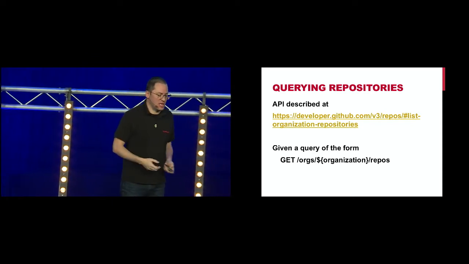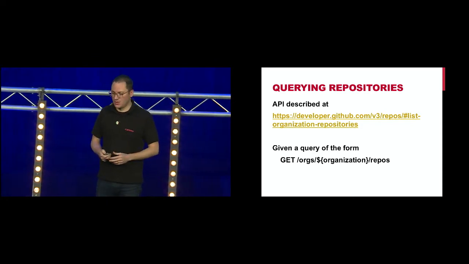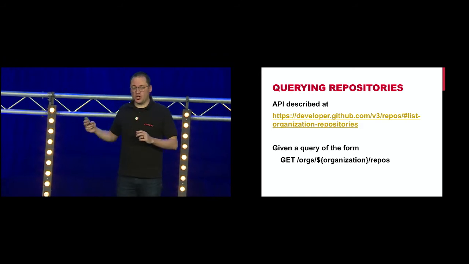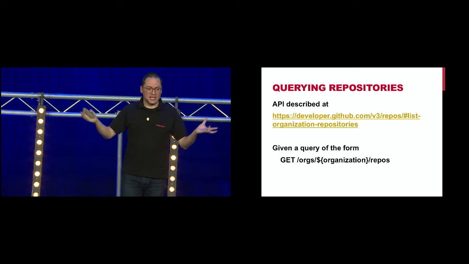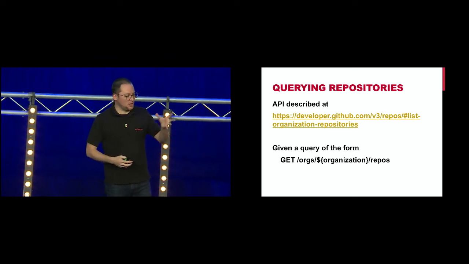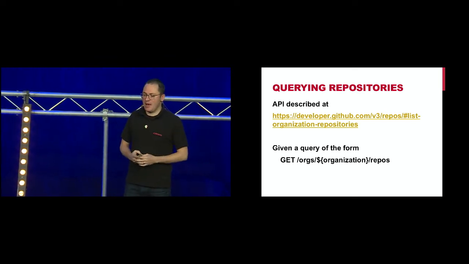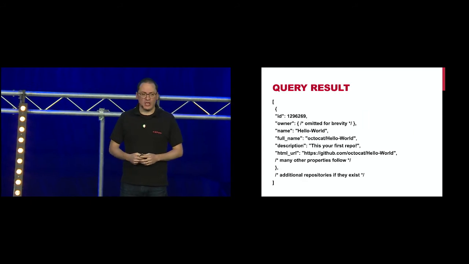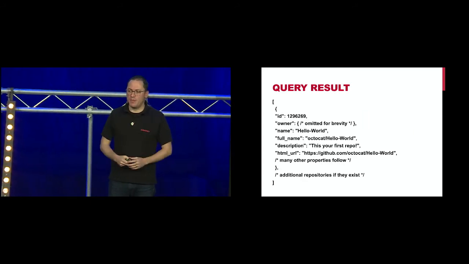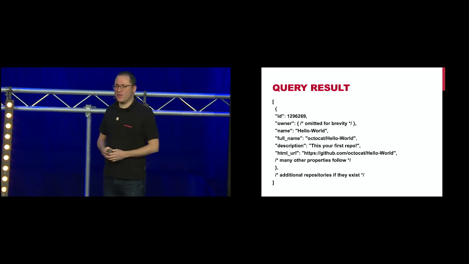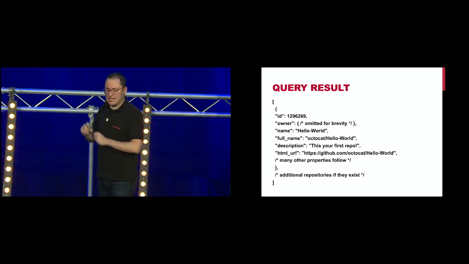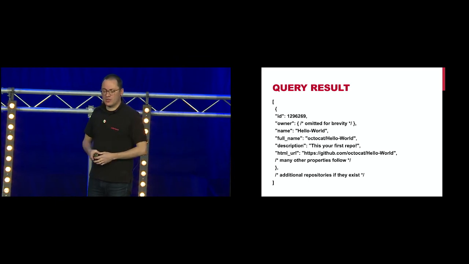Most likely, it's going to be a JSON result. Okay? So basically, you issue a GET query, passing that organization as a name, as a parameter, depending on the library that you're going to use. And boom, as a result, you get a huge JSON payload with lots of information. We are only interested in a few of them for this particular small example, but you may be interested in other things.